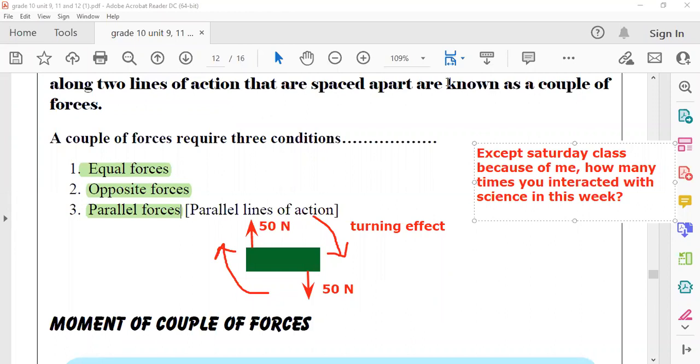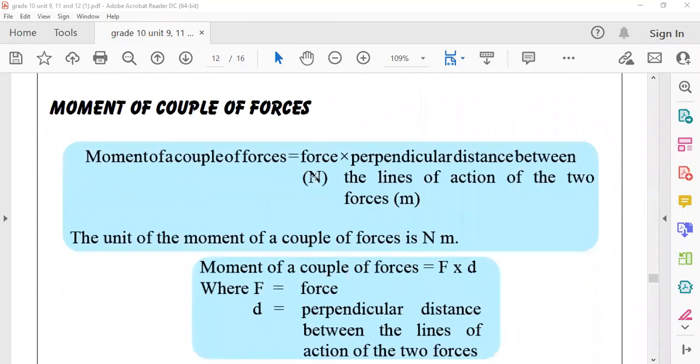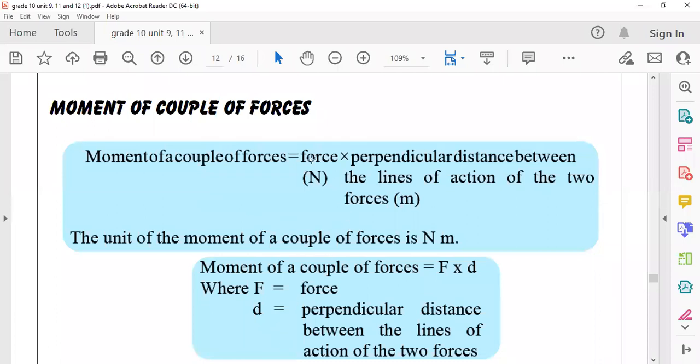Okay, okay. Have you copied it? Yes, sir. Good. Now, my children, it is a turning effect, no? Correct? There's a turning process. So, when a turning effect is there, a moment is there. Understood? Yes, sir.